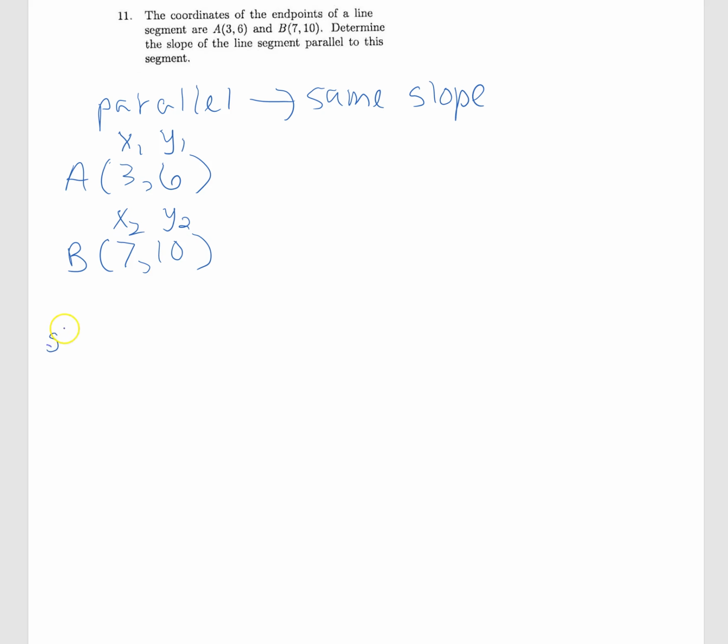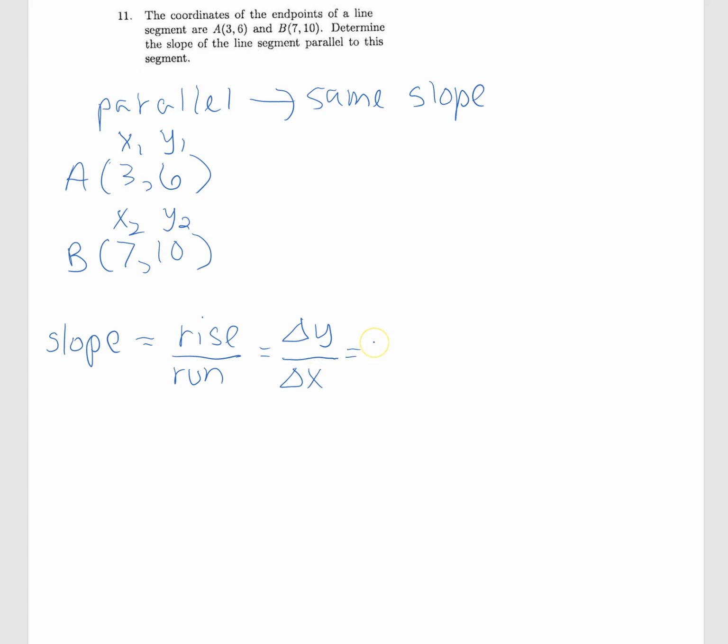So we know the slope is equal to rise over run of a line segment, which is the same as saying the change in the y values between 2 points over the change in the x values between 2 points.